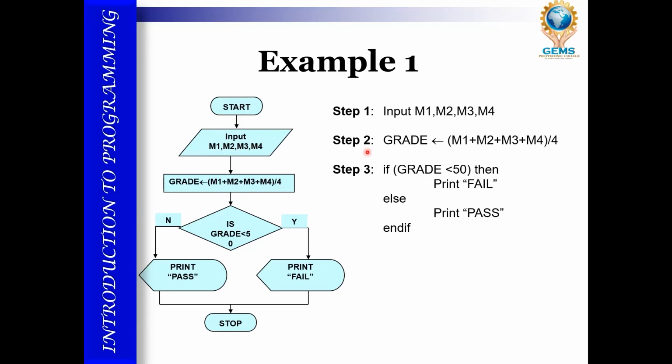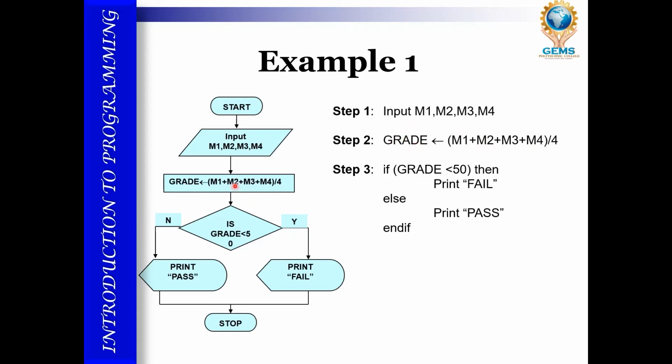Now step 2. Once we have taken the input, what are we going to do? We are going to add and then divide by the total number of inputs. We have taken 4 inputs from the user, M1, M2, M3, M4, and this sum is divided by 4, and that value is going to be stored in the grade.